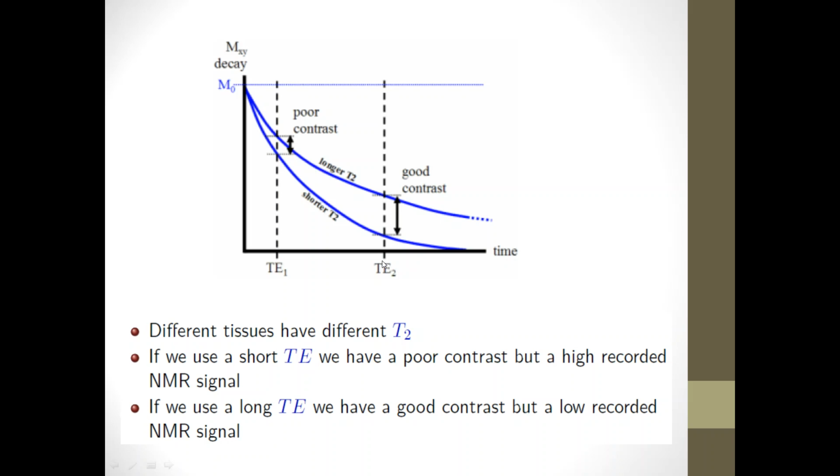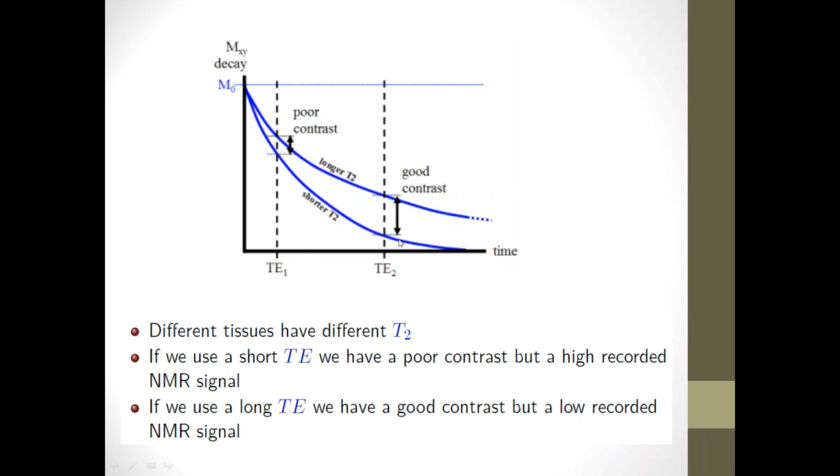It's very important to understand this very well. At the beginning, all protons in XY for fat and water still have equal magnetization. After a certain time, you will find that fat takes short time to decay, but water takes long time to decay.